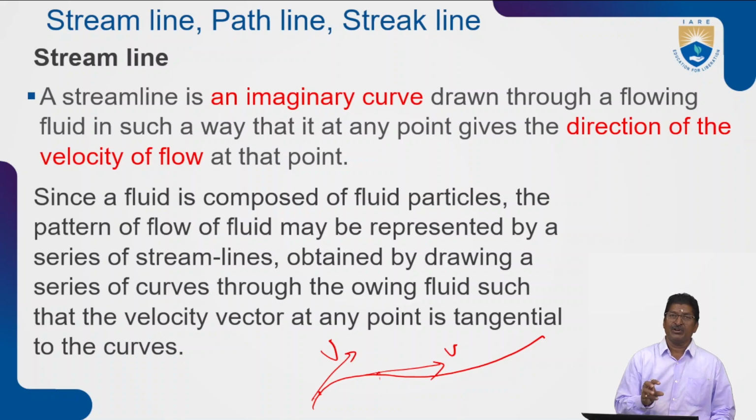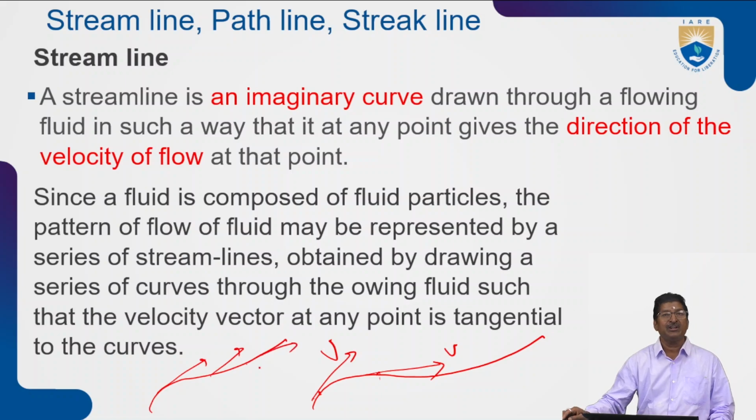But because it is an imaginary line, it gives the velocity of flow at any point. If you draw a tangent on that streamline curve, it gives the velocity of that flow, and that curved line is called a streamline.